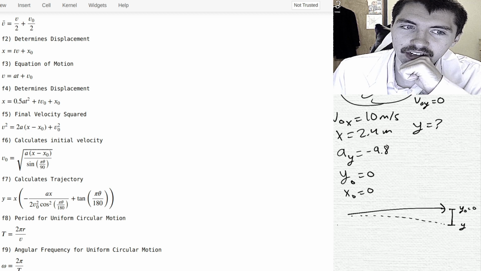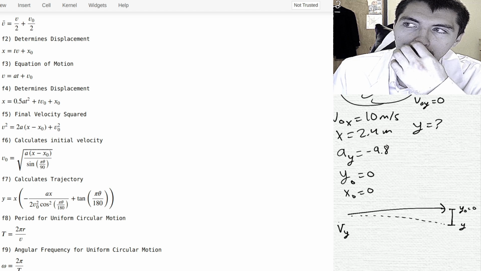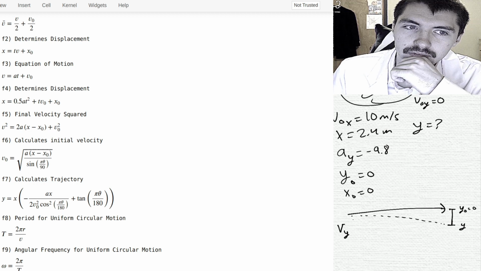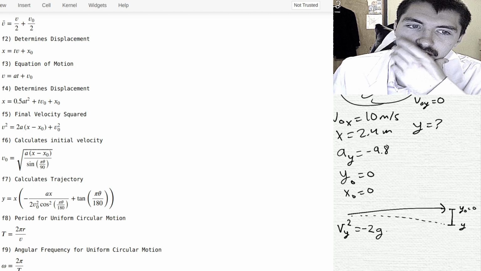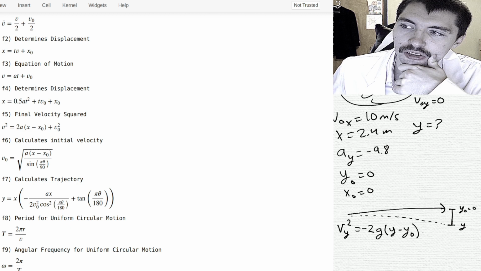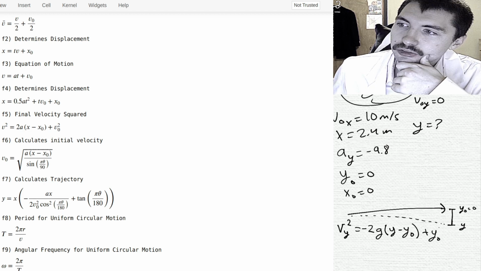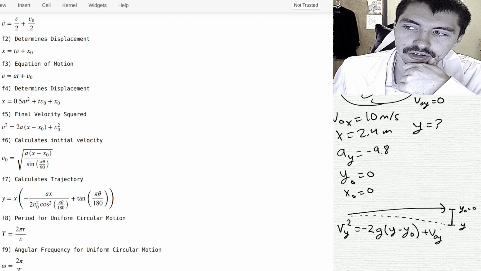Okay, so I guess you could rewrite equation 5. So maybe it would be y squared is 2... negative 2 gravity times (y minus y naught) plus... no, I'm sorry, plus velocity of the y squared.